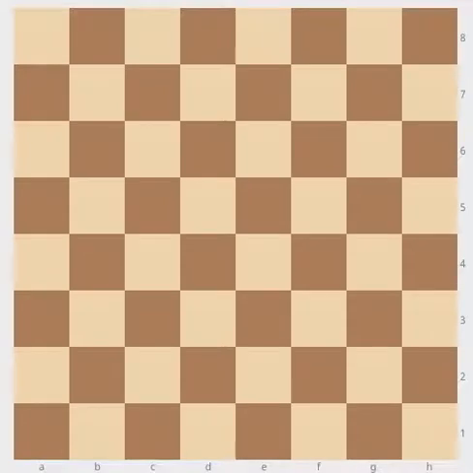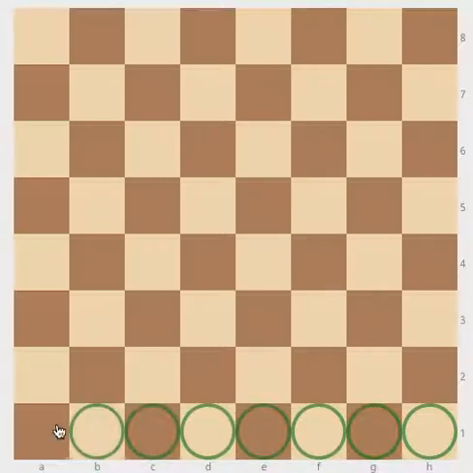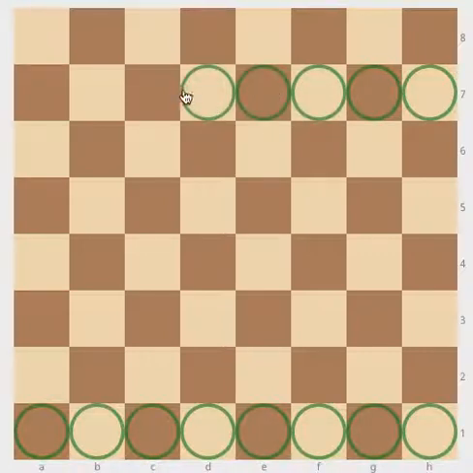Now we have numbers going across the board. Each number has 8 squares, for numbers 1 through 8.